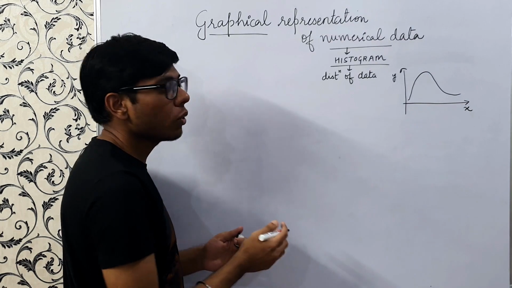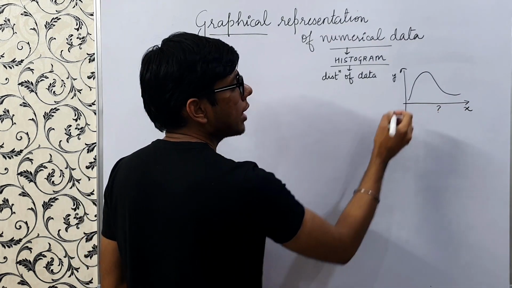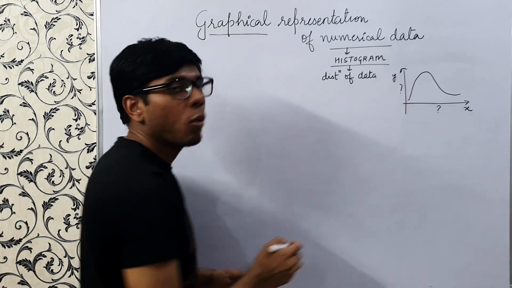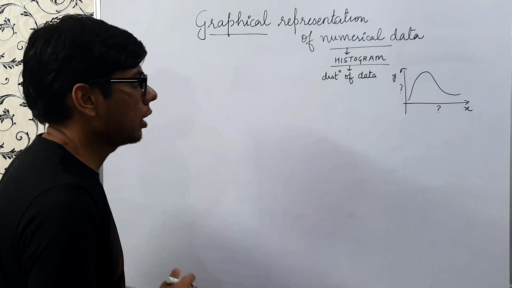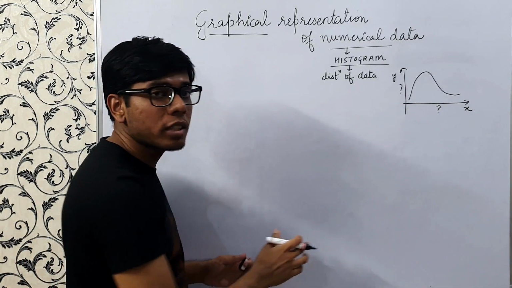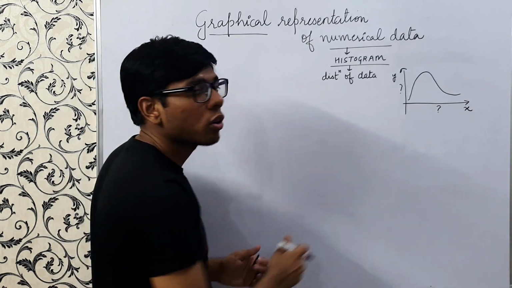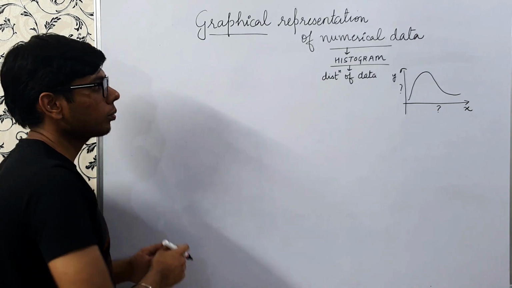What is x? Before interpreting any graph, we should have a clear understanding of what x represents and what y represents. Only then will we be able to interpret it practically. We should be aware of both the axes, because in many places we see graphs which are not labeled properly, so we cannot interpret them properly.